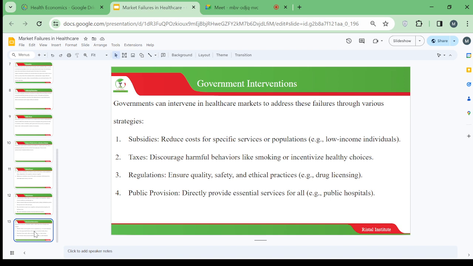And then the government can also introduce taxes to discourage harmful behaviors. Okay, this is basically to minimize externalities. For example, you are not smoking, and then you have other people who are smoking, and when they smoke, they get lung cancer, and then the lung cancer becomes expensive to treat for the government.